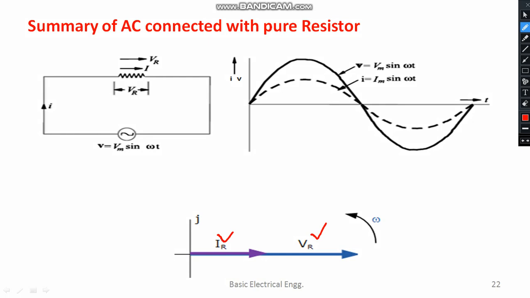Both are in the same phase. It is a rotating vector diagram, or phasor diagram. From the circuit diagram we can understand that they are in the same phase, and there is no phase difference, because both start at 0 degrees and end at 2 pi. There is no phase difference between current and voltage.